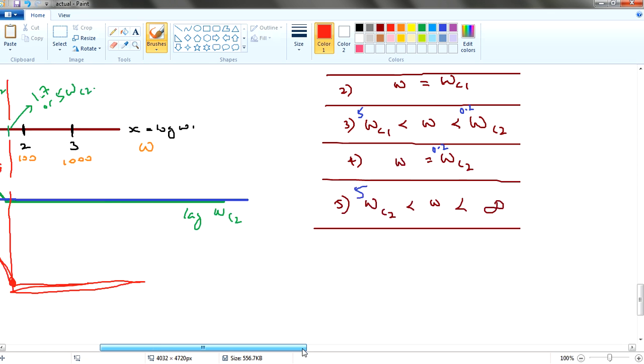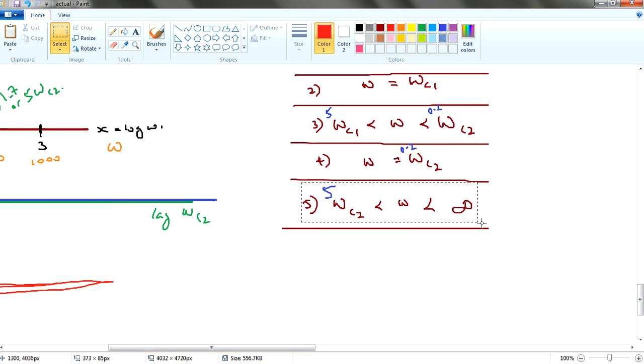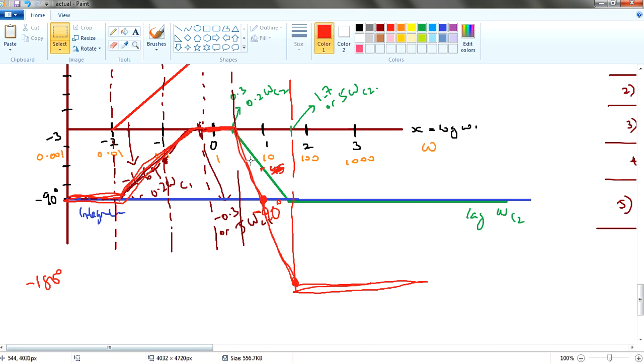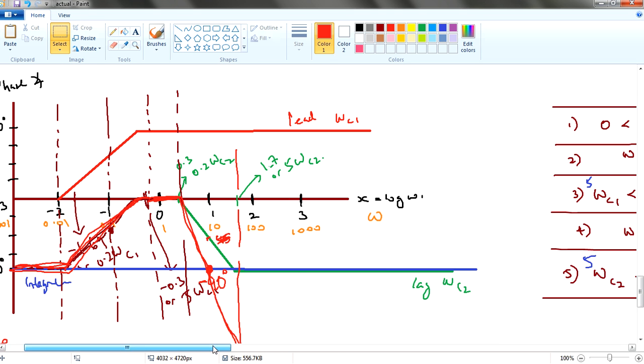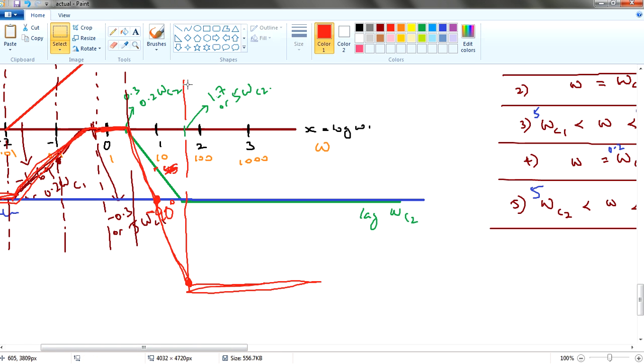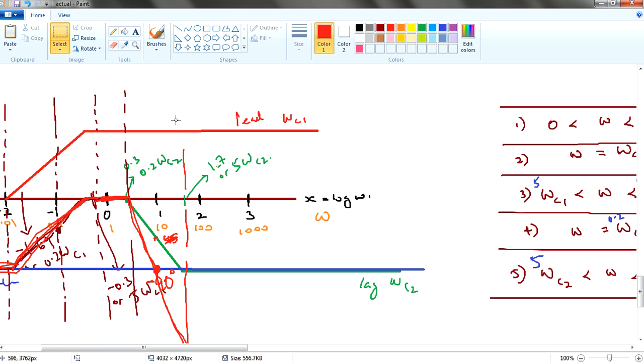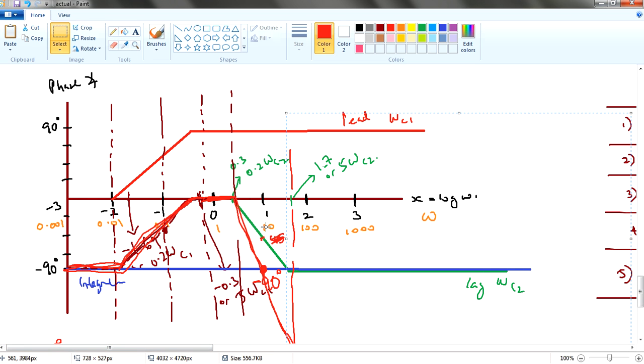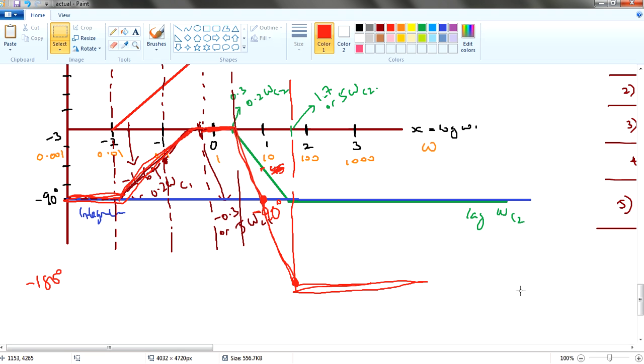From this range, from omega C2, 5 times omega C2, which is at this particular point, from this range onwards, the overall add-up is always this: 90 degrees plus the minus 90 degrees of the integrator, plus the two lagging terms, minus 180 degrees. So the rest would always be minus 180 degrees.